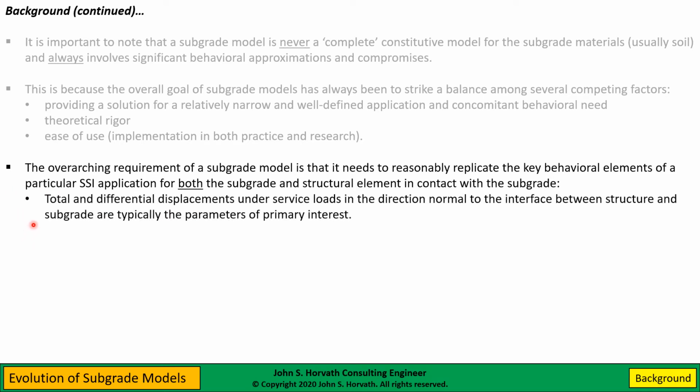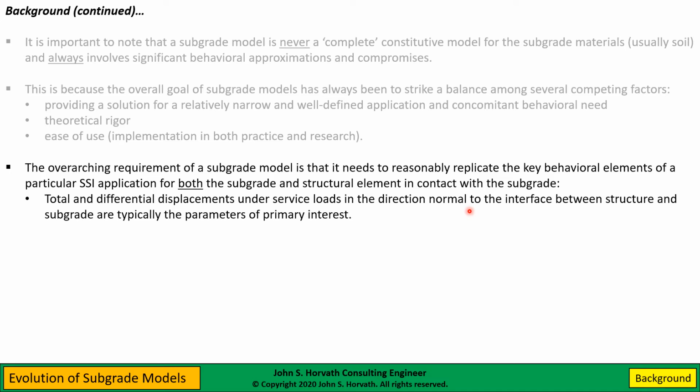Now, with regard to what some of these specific requirements are, as I said, total and differential settlements under service loads, displacements are important. If you have a mat foundation, it's settlements. If you have a laterally loaded pile, it's lateral displacements at the head of the pile or along the pile shaft.